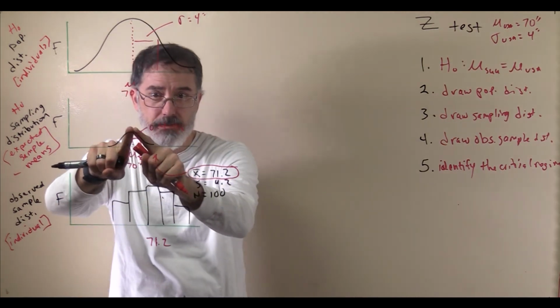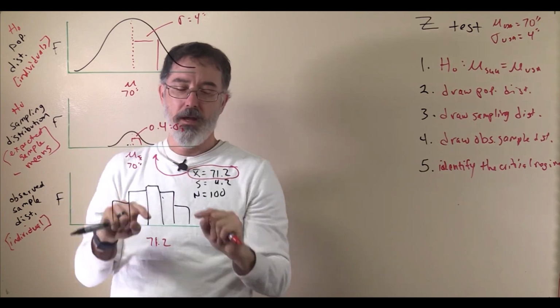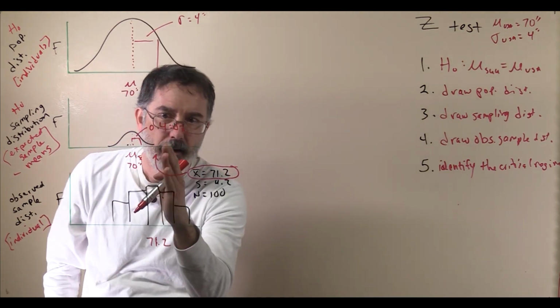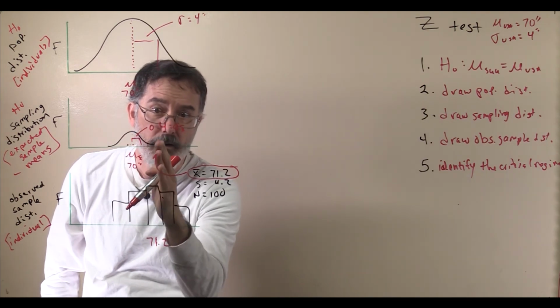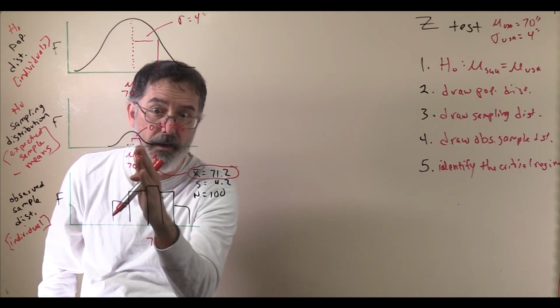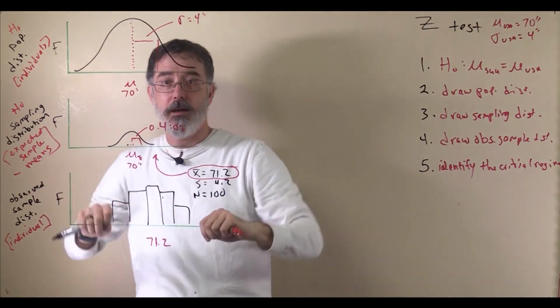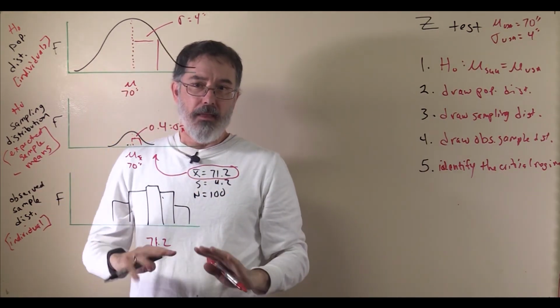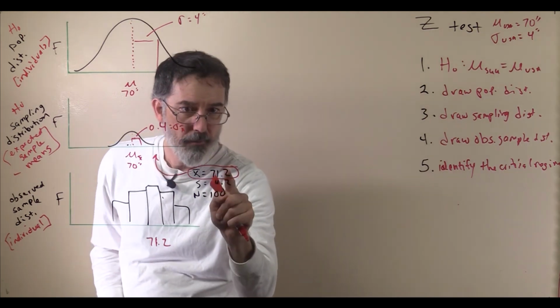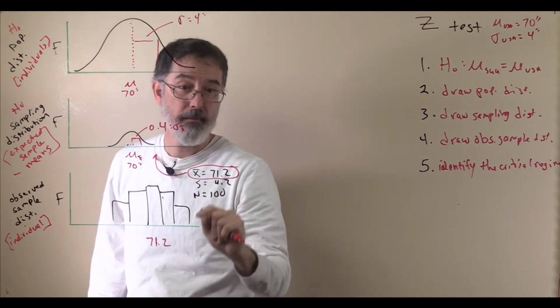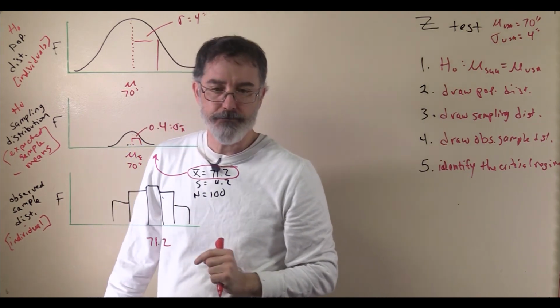And because, remember, this is a normal distribution, and we already know that with a normal distribution, if you calculate the z-score of different locations on that normal distribution, you can calculate what percent is beyond it on any side. And that's how we can determine the probability that you'd get a sample as extreme or more extreme than the one that's observed.